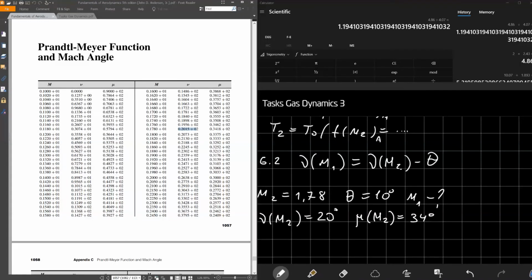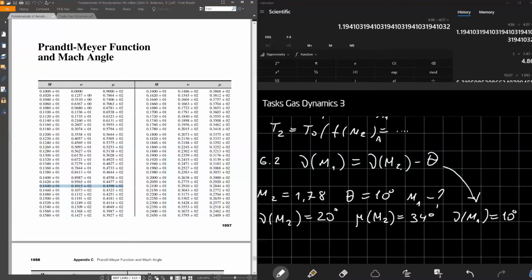Okay, and the difference, nu of M1, is the difference calculated by this formula right here, is 10 degrees, right? Okay, this was the formula for calculation. And we receive this value. I go to search my 10 degrees. It's right here, the closest value. This is the line. Now I understand that my Mach number is 1.44.